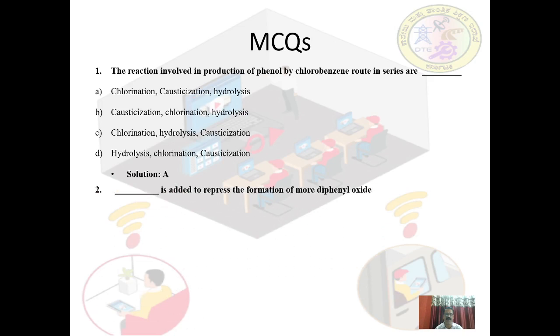Next, question number 2. Dash is added to suppress the formation of more diphenyl oxide. Options are A, monophenyl oxide, B, diphenyl oxide, C, triphenyl oxide, and D, none of these. The correct option is option B, diphenyl oxide.